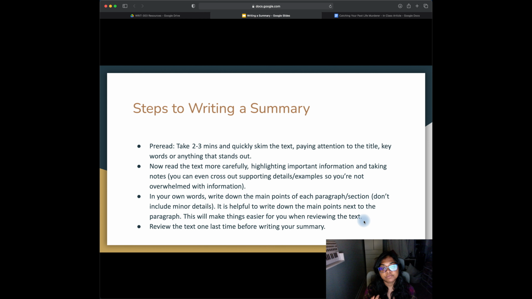That will help to reduce the risk of you using the author's words, and it will prevent you from having to read the text multiple times. And then finally, you're going to review the text one last time before you start writing your summary.